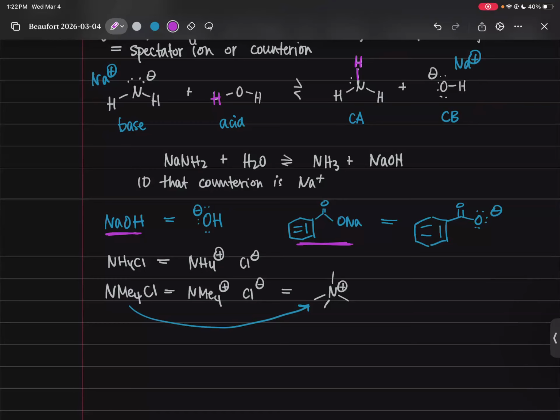Sodium hydroxide is cheaper than potassium hydroxide, so we use it unless there's a specific reason to do otherwise. As far as writing something like this on an exam, I'm not going to require you to write the counter ions. But if you start writing them, then you've got to keep it consistent and write them throughout the rest of the problem.